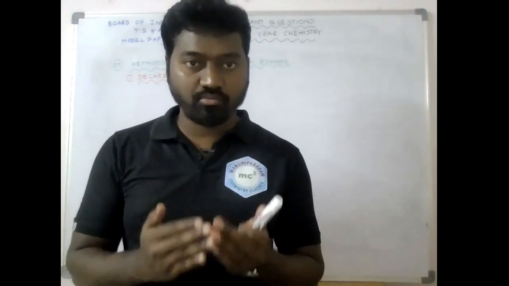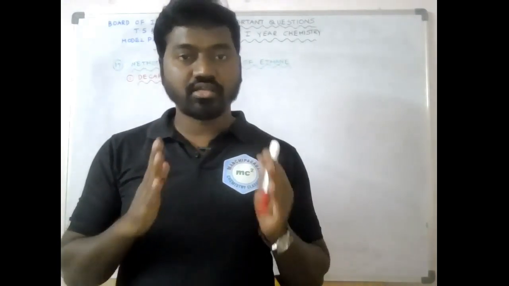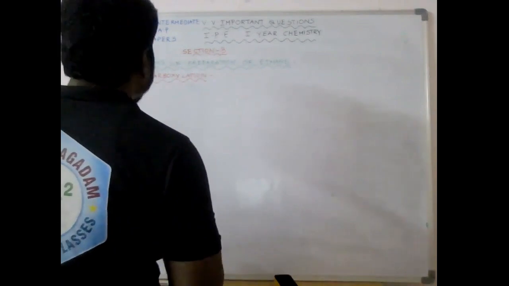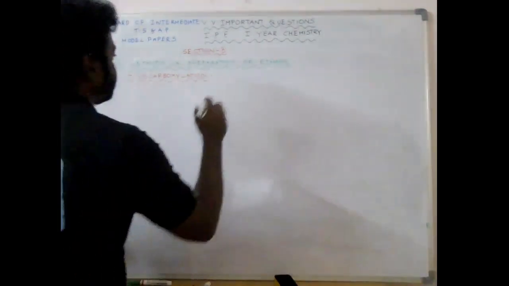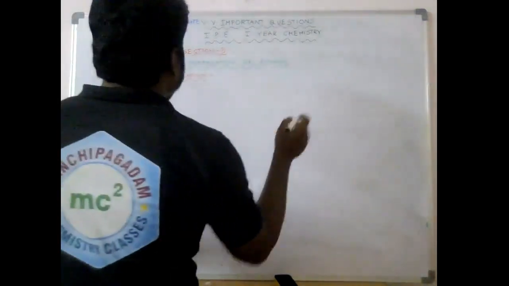From the salts of carboxylic acids, we have to remove carbon dioxide. That is called decarboxylation, right? So to get ethane, we have to take the salt which has 3 carbons, because one is eliminated in the form of carbon dioxide.